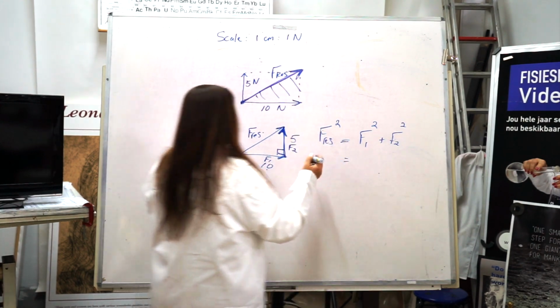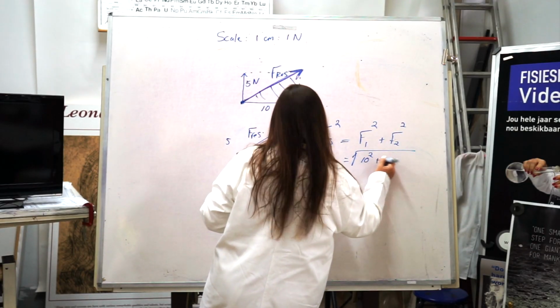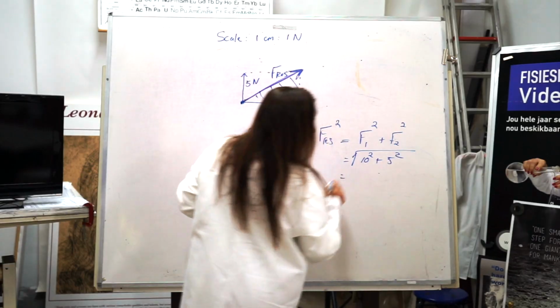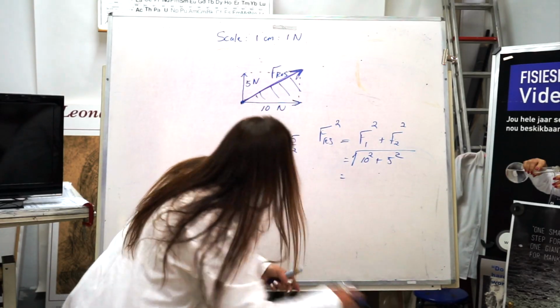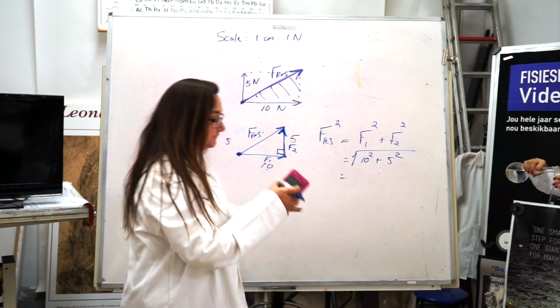So I could then say, okay, that would be 10 squared plus 5 squared, and I can work that out. Let's see how much that would be.